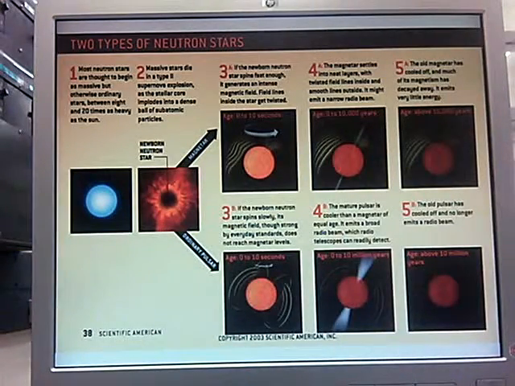And here is just a schematic diagram representing the fact that they basically start the same: you have a star, undergo core collapse supernova, and then it's just a question of what's going on with the rotation rate of the neutron star that you formed. If you're slow, you end up with a pulsar. This is a story we went through last time.